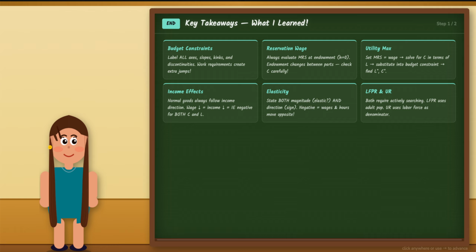Wage decrease means income decrease, so demand falls for both C and L. And fifth, for elasticity, always state both the magnitude and the direction. The sign really does matter. And 6, for the LFPR and the unemployment rate, the key difference is the denominator. Both require people to be actively searching to count.